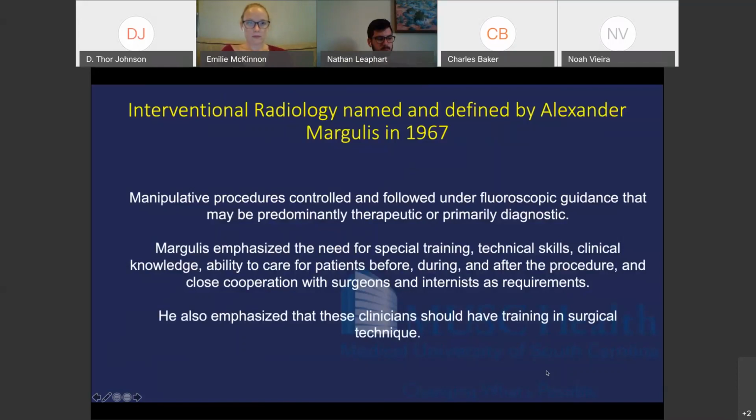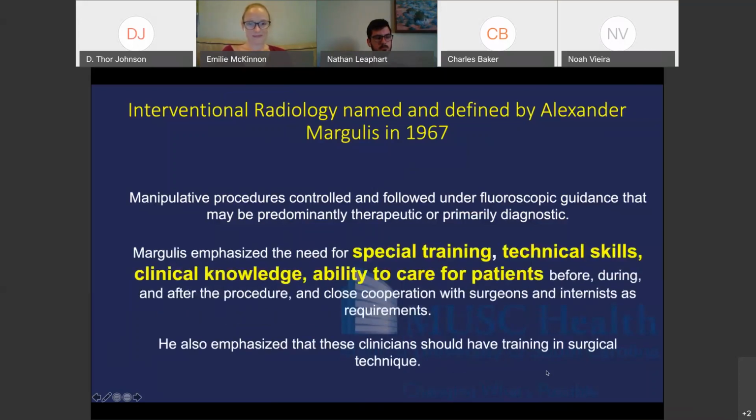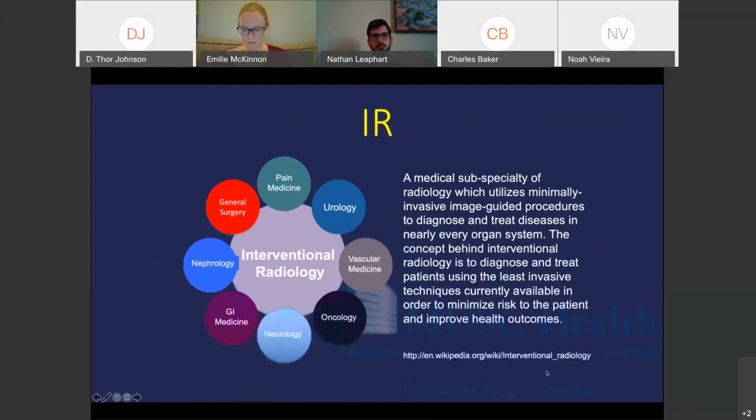Charles' daughter hated the name, didn't like it at all, thought we should be some kind of permutation of surgery, but Margulis was a much more important radiologist than him, so he won. And the key was specialized training, technical skills, clinical knowledge, and ability to care for patients. So this was really, really sort of defines our specialty today.